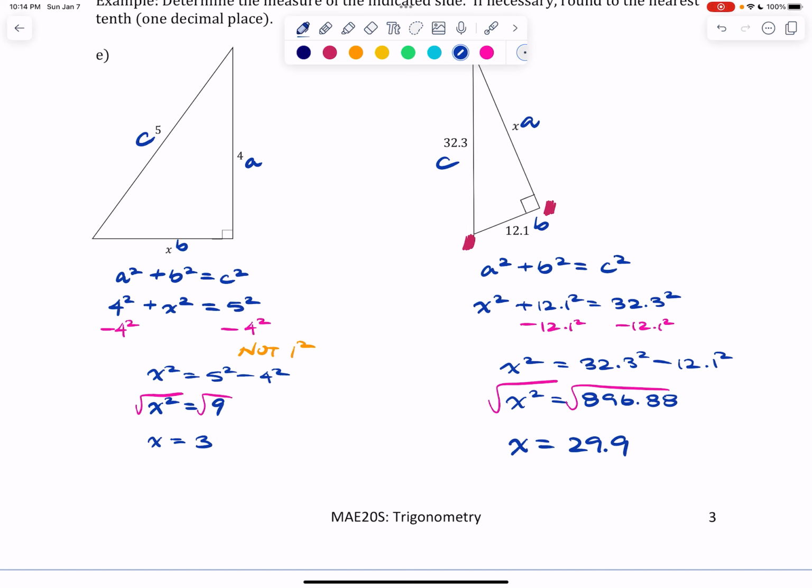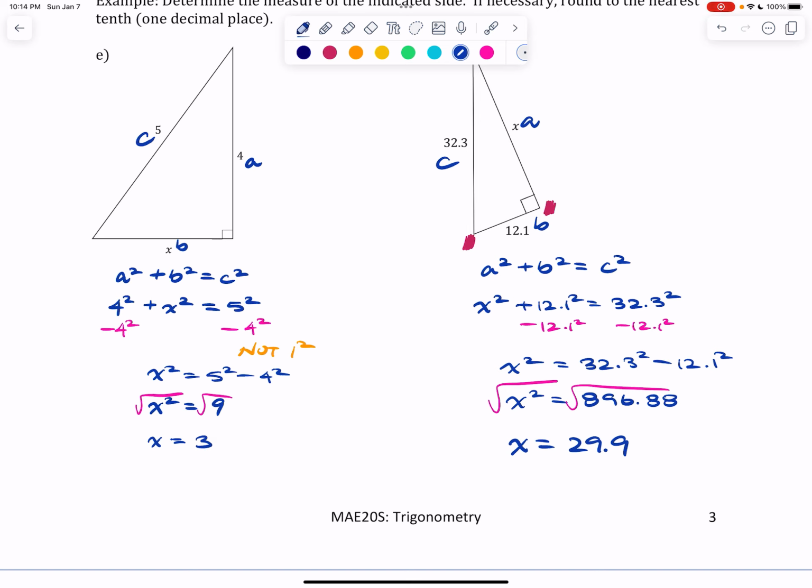According to the calculator, this is 1700. C squared is 41 squared. And according to the calculator, that's 1681. These two values are not the same.